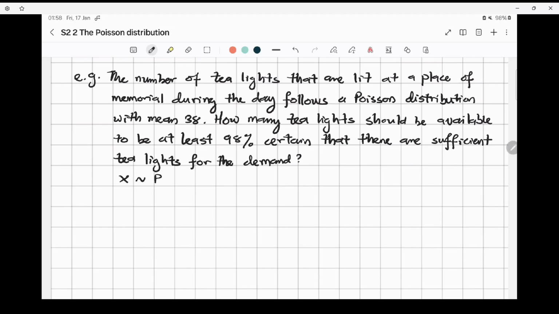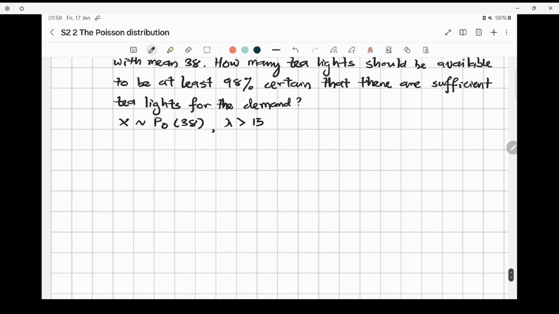So we know that this is a Poisson distribution and lambda is greater than 15. So obviously you can do normal approximation. So if you approximate, your approximation will be 38.